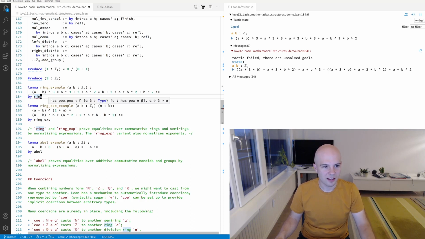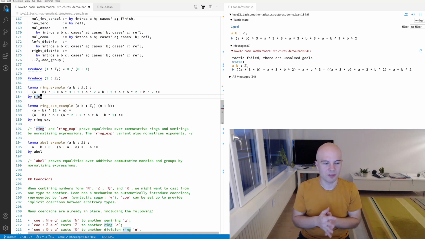When the exponent operation has more complicated terms as arguments, this might fail, because strictly speaking, this is no longer in the language of a ring. So there is an extension of ring, which is called ring_exp, which also works with terms where the exponent is more complicated than a numeral.